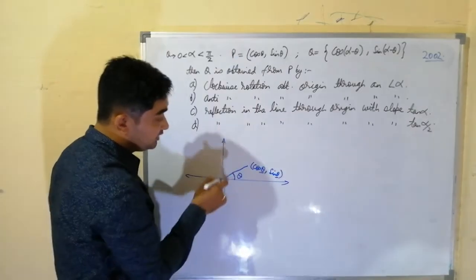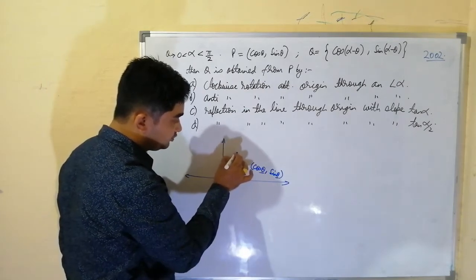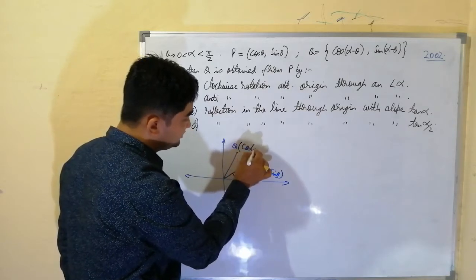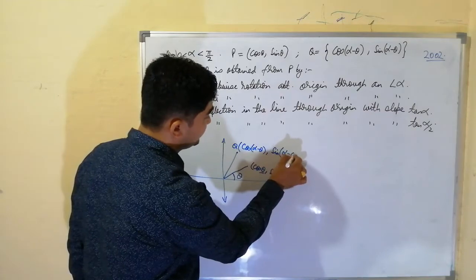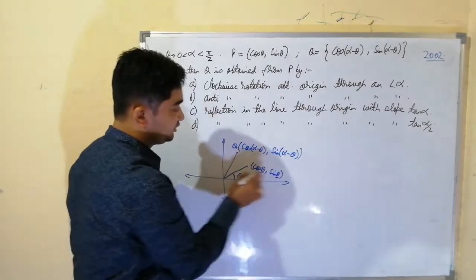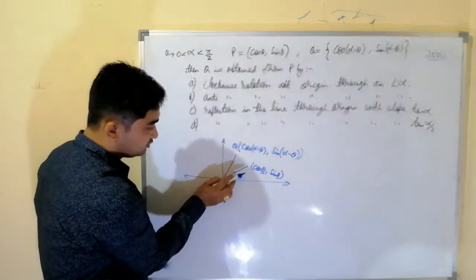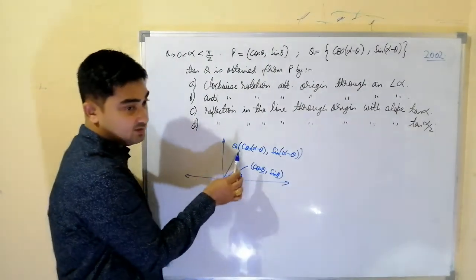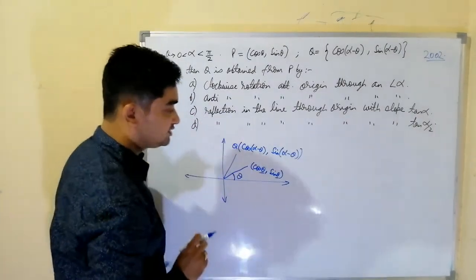So let us say somewhere here we have Q whose argument is alpha minus theta, it is cos(alpha minus theta) plus iota sin(alpha minus theta). It is a point Q, and this is a point P. Modulus is the same, so both will lie on a circle with radius 1 and center at origin.